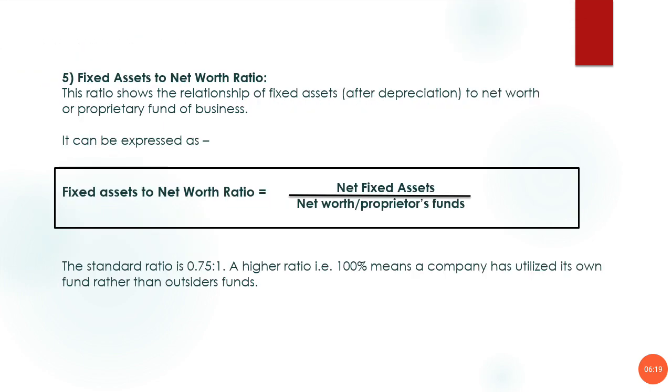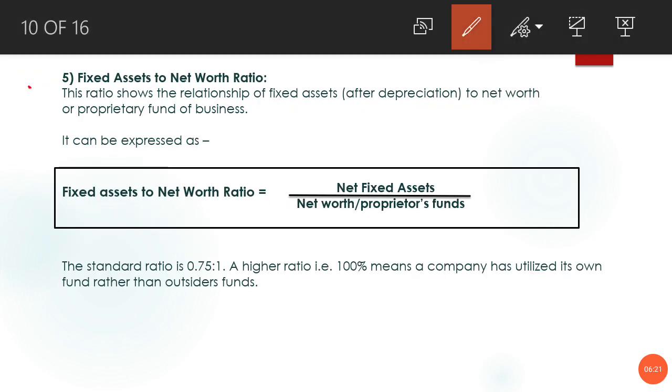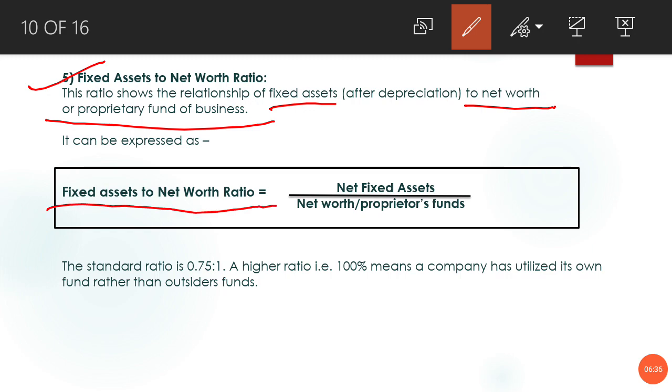5. Fixed asset to net worth ratio. This ratio shows the relationship of fixed assets after depreciation to net worth or proprietary fund of the business. It can be expressed as fixed asset to net worth ratio is equal to net fixed assets divided by net worth or proprietors fund.